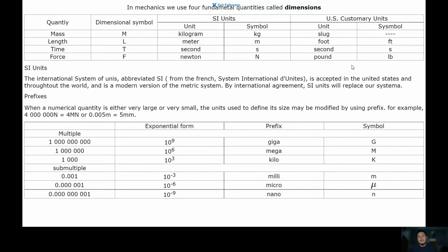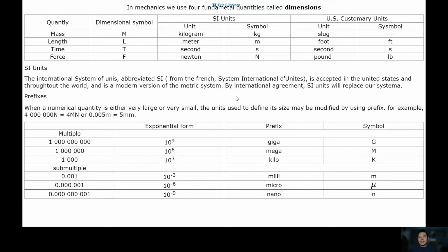Pound, or lb. In SI units, the International System of Units, abbreviated SI from the French system, Système International, it is accepted in the United States and throughout the world, and is the modern version of the metric system.